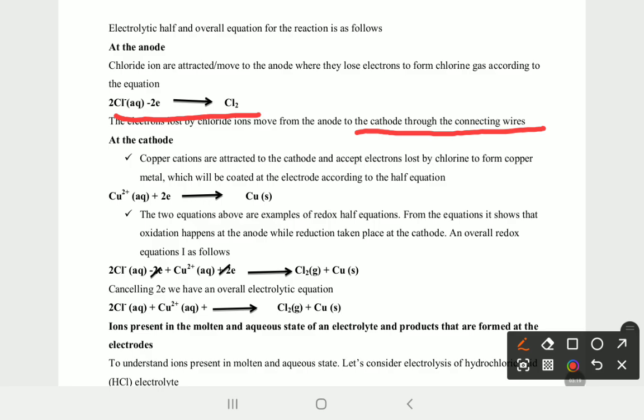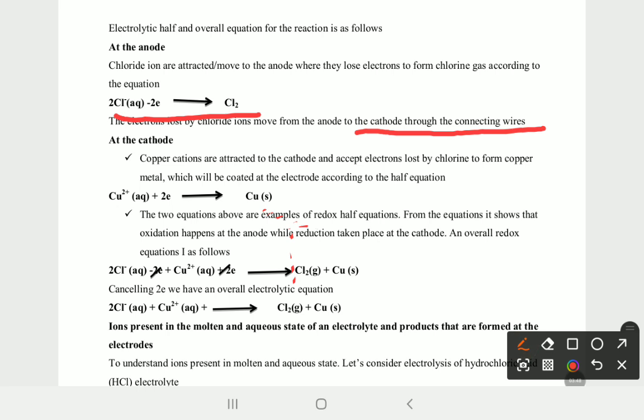We have copper, okay? Sorry, let me just erase this. So for copper, it is favored as compared to other ions, and for that reason it is attracted to the cathode side, okay?